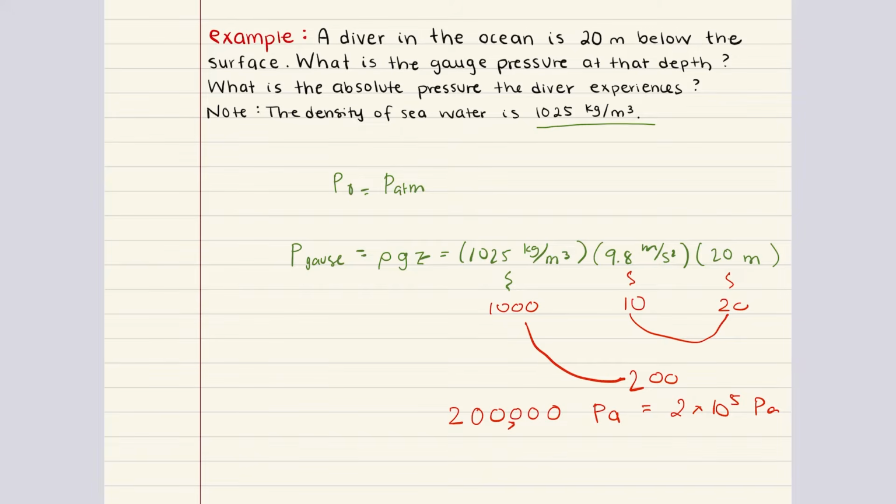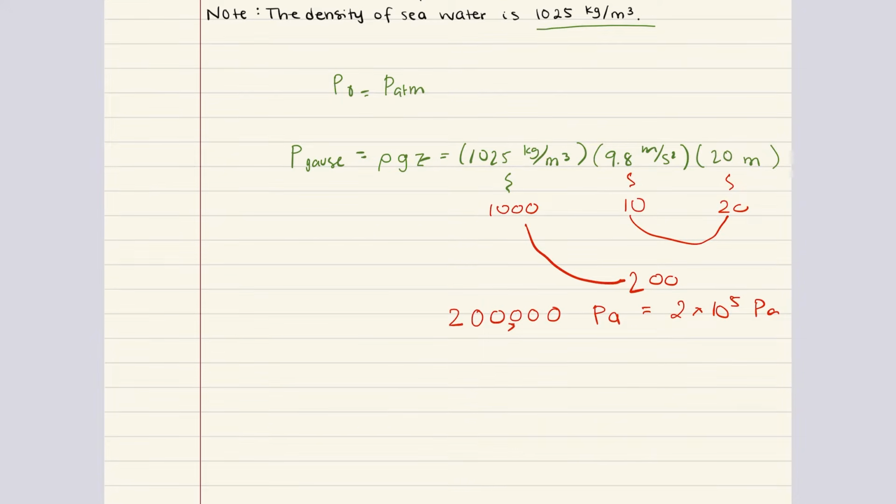We also need to figure out the absolute pressure that the diver experiences. The absolute pressure can be calculated by taking the atmospheric pressure and adding it to the gauge pressure. Now, the atmospheric pressure is 1 atmosphere, but we want to use it with the appropriate units, so not atmosphere, but Pascal, because our gauge pressure is in units of Pascal. 1 atmosphere is equal to 1.013 times 10 to the 5 Pascal, and we can add this with our gauge pressure that we just calculated, 2 times 10 to the 5 Pascal.